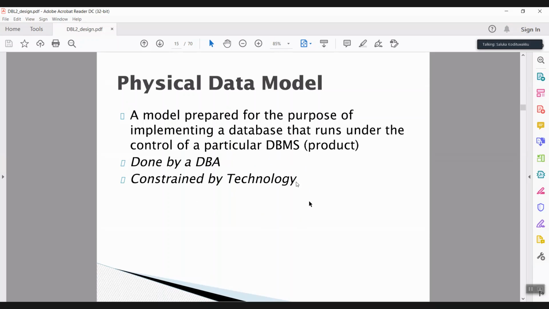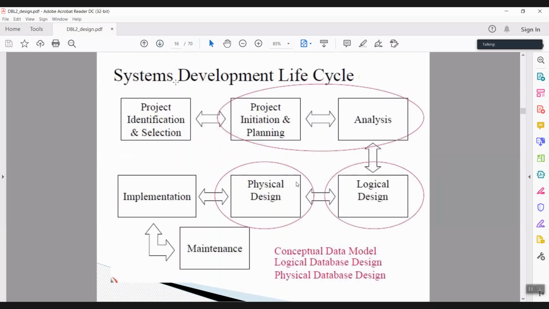In the early days, when only magnetic tapes were available, the physical database access mechanism was restricted to sequential access. But now, with the advancement of computing technology, we can access data in both sequential and random manner.